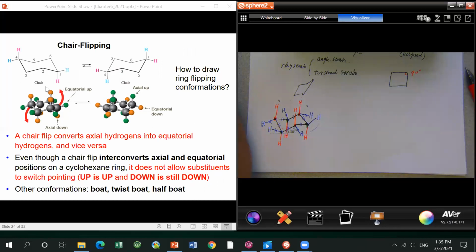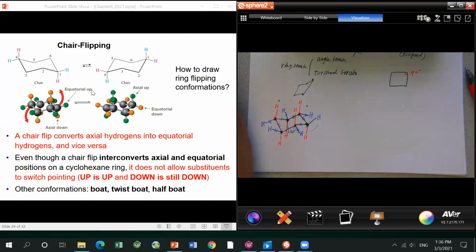So carbons 2, 4, 6 should be going up in the ring-flipped structure, and 2, 4, 6 were going down before. If the original was going down, carbons 1, 3, 5, now they're going up. Because of this up-down change, it fundamentally changes all the hydrogens attached to the individual carbons.